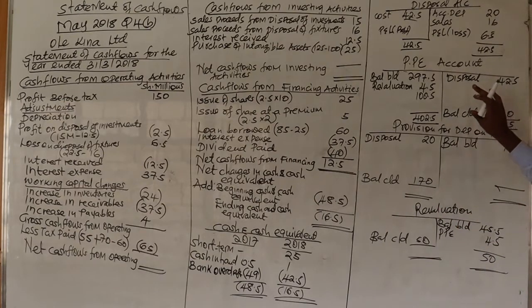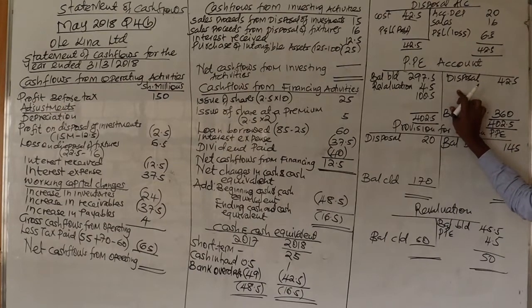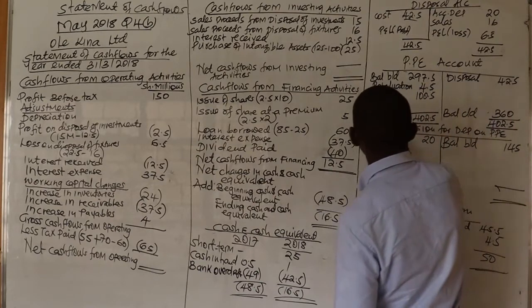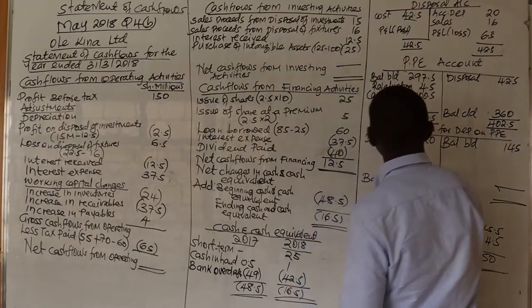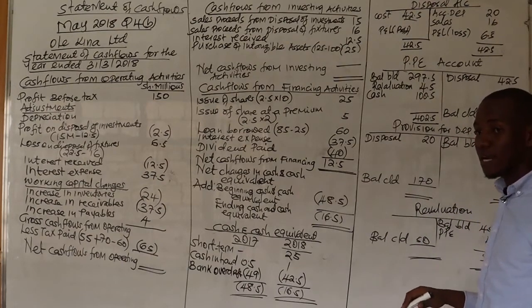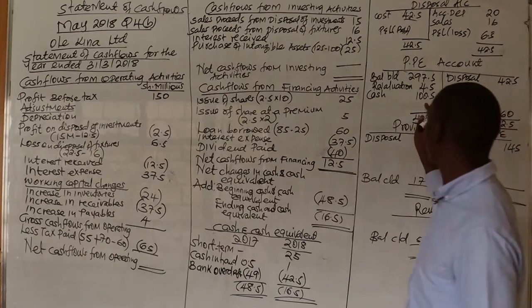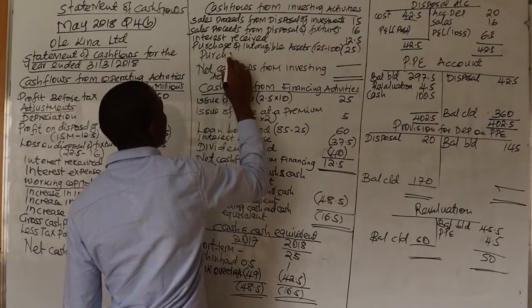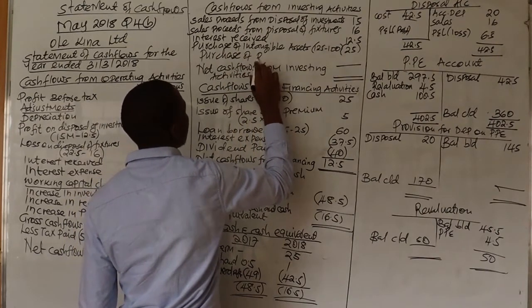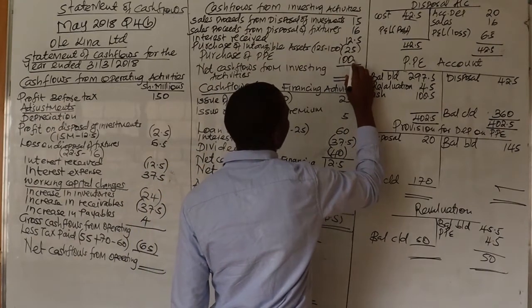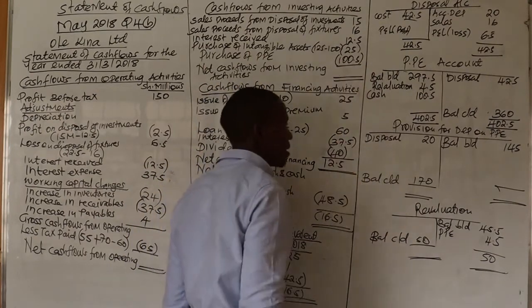Now, if the difference was on this side, it is as if this company disposed that asset. But since the difference is increasing the asset, it is as a result of cash that was paid in order to purchase that asset. So in this case, we'll have on that part the purchase of PPE, the cash that was paid, which was 100.5. So you less the same.